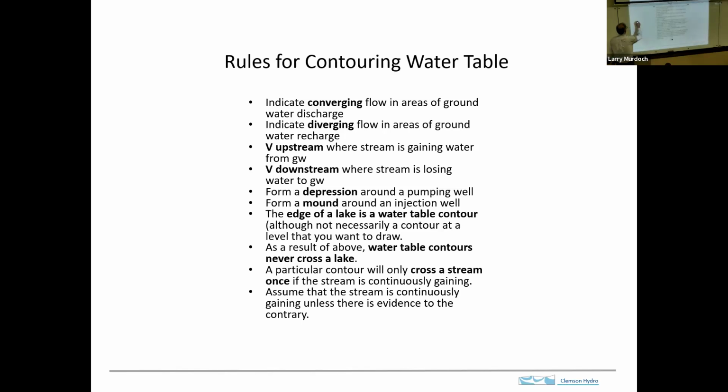So one of the rules is that if you have a gaining stream, the contour will come and be upstream. Okay, so contour will look like that as if a hydraulic head contour as it crosses a gaining stream.